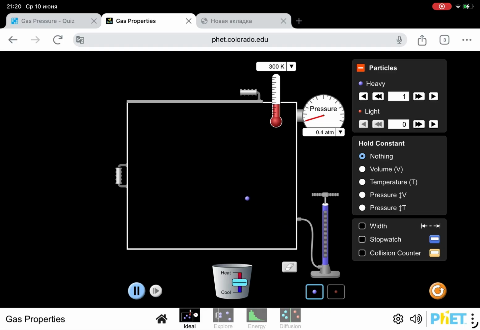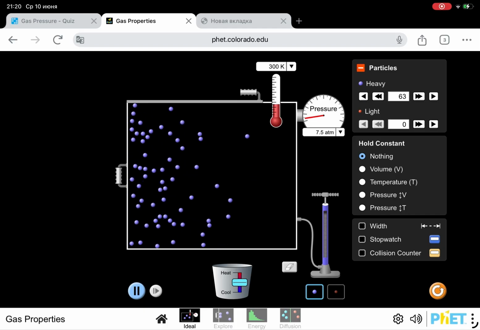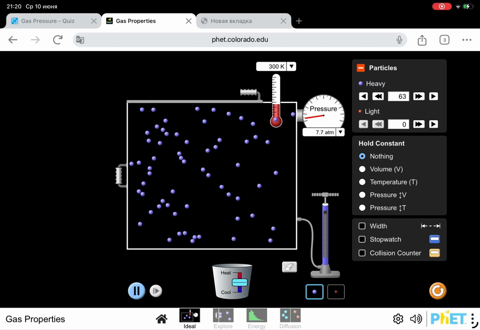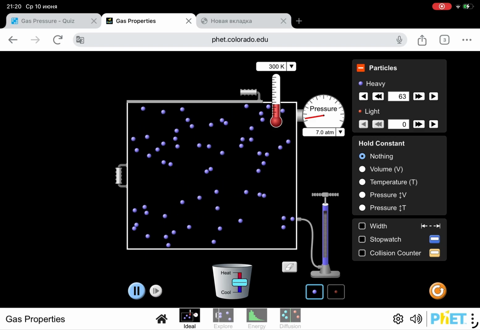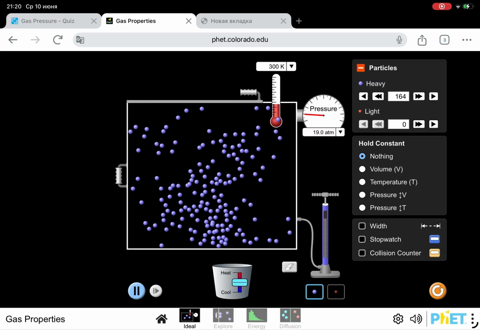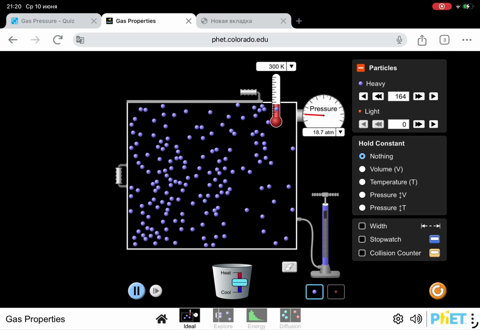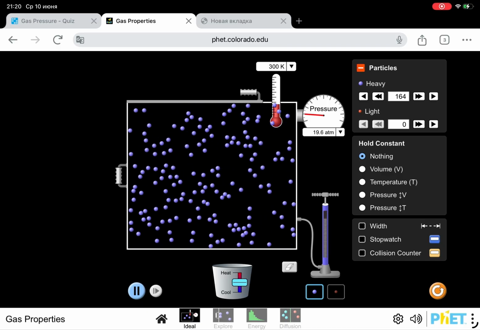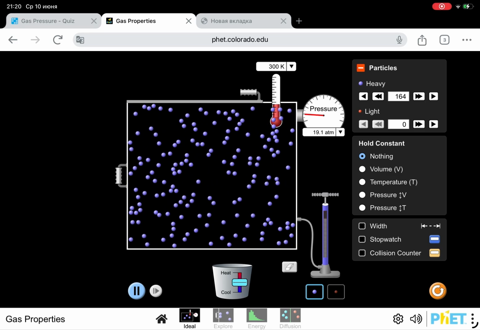So to increase pressure, we have to add more particles. When we add more particles, pressure increases, and if we continue adding particles, pressure will increase dramatically, which leads to an increase in temperature, kinetic energy, and the number and force of collisions.